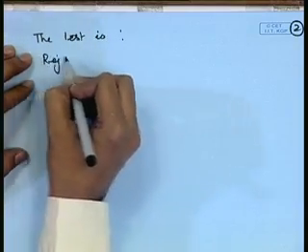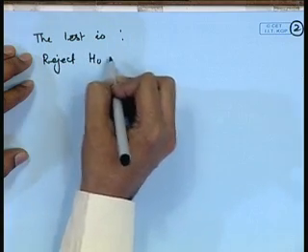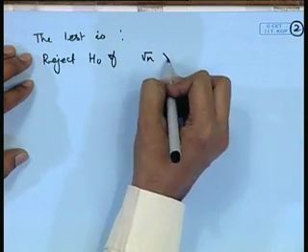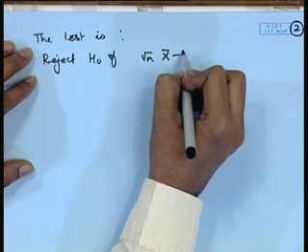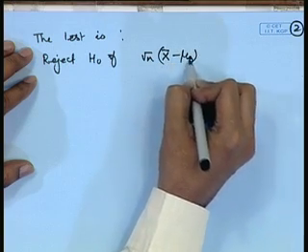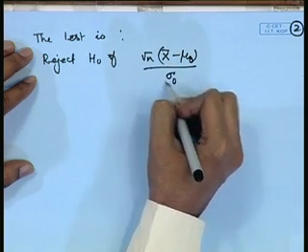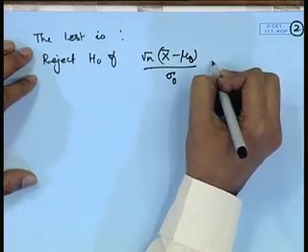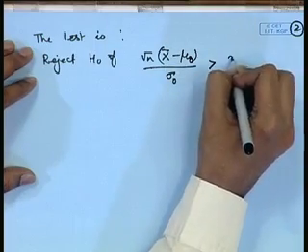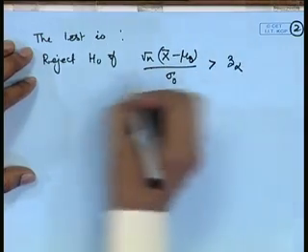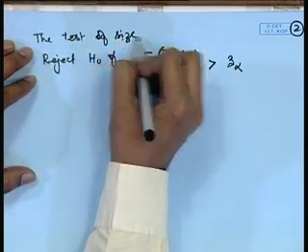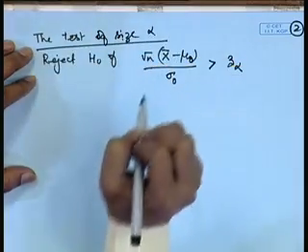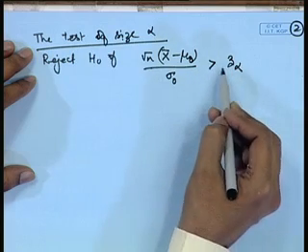reject H naught if root n (x bar minus mu naught) is greater than z alpha. If you have sigma naught, then you may put sigma naught here. If sigma naught is 1, then you need not put it here. So, the test of size alpha is reject H naught if this is so.